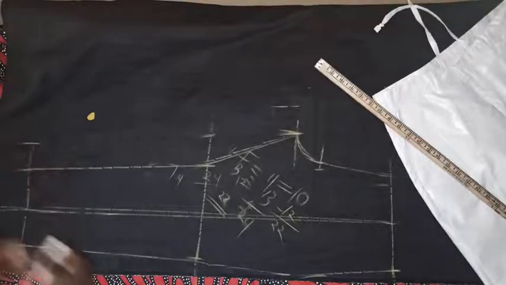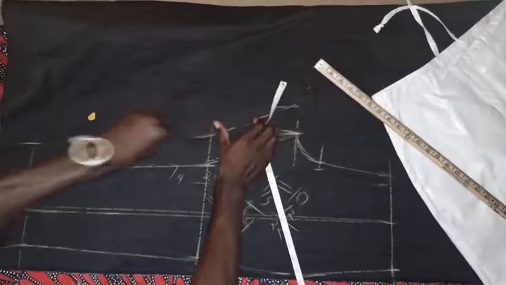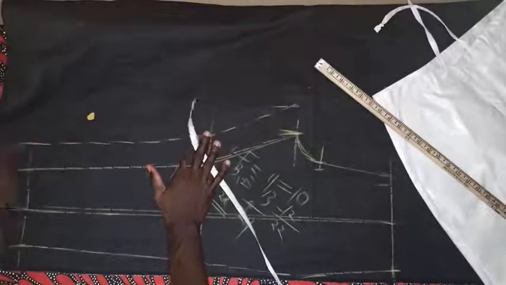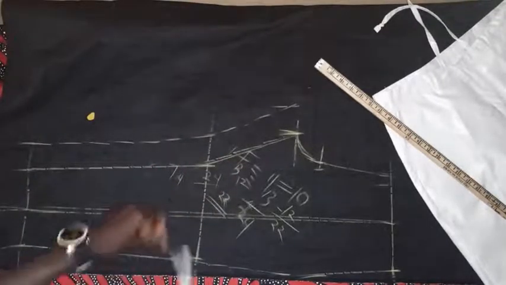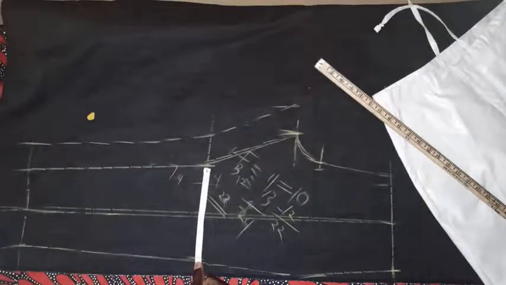You see, so these 2 inches, which is serving as our back piece, is the allowance that is making up for you not adding any allowance at the front piece. Do you understand?